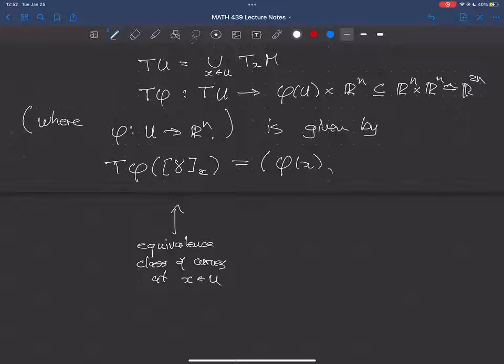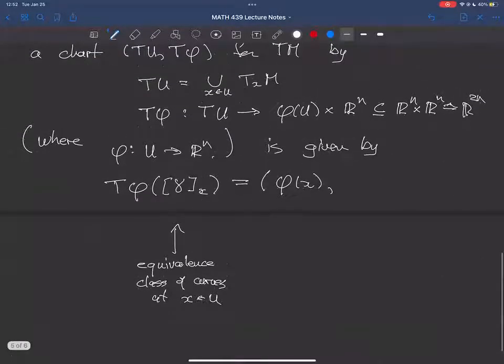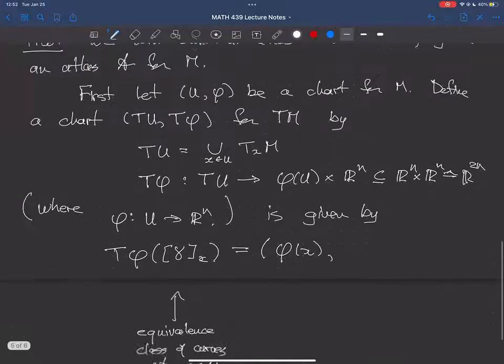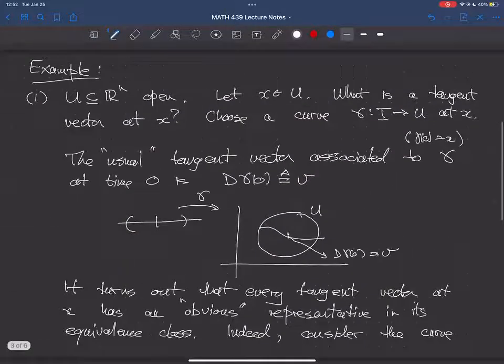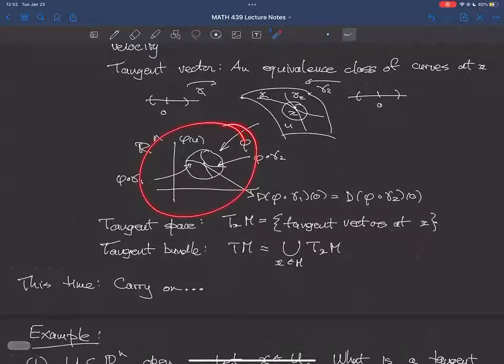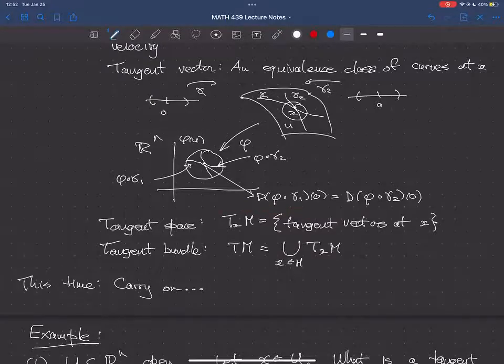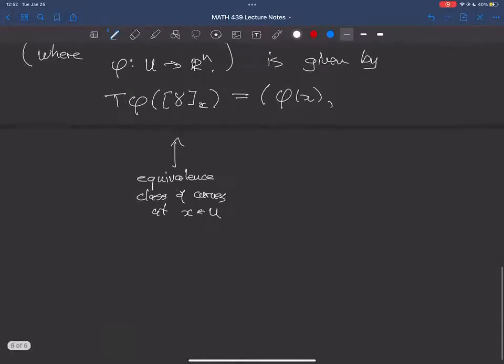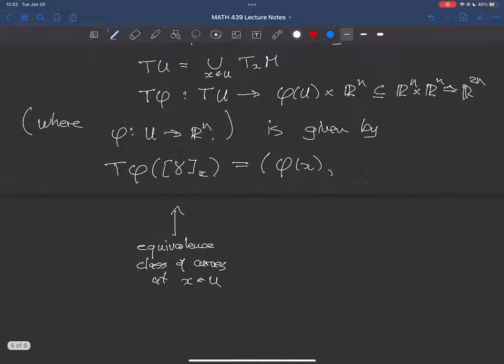Okay, and then in the second component, again, it's going to be obvious if you think about the picture here, about what it means to be a tangent vector, and the velocity when we represent that in coordinates is just this thing. So that's what we're going to use for the second component of a tangent vector. So we go d phi composed with gamma at 0. Okay, so that's T phi.